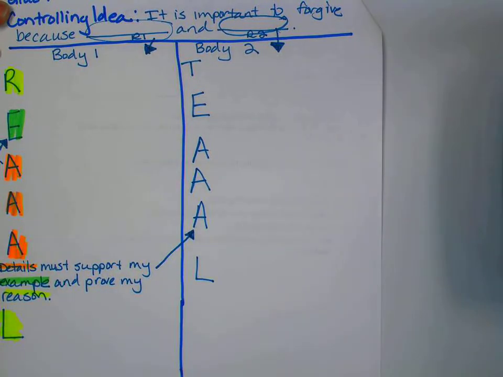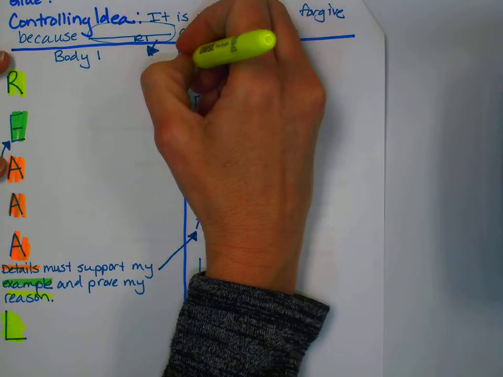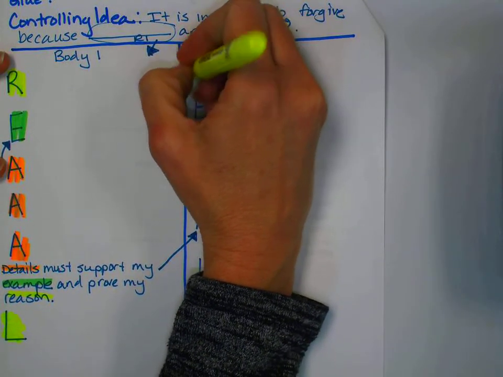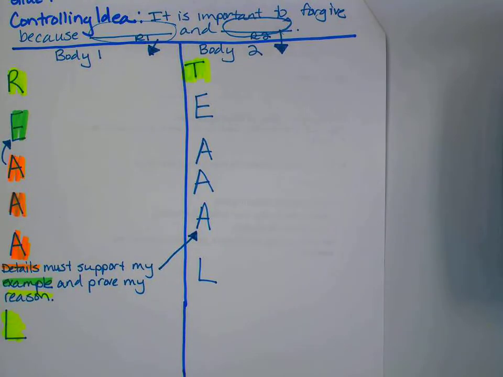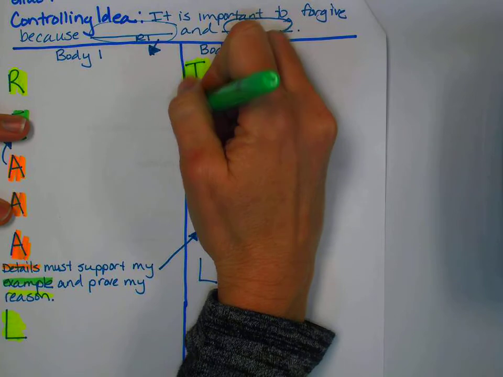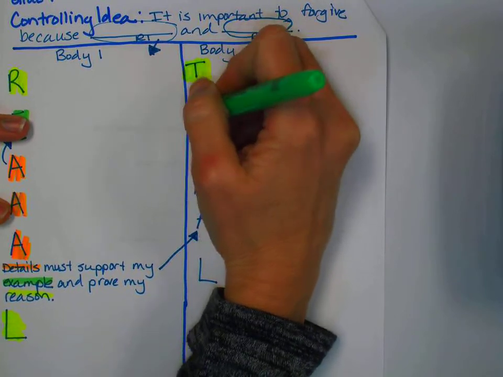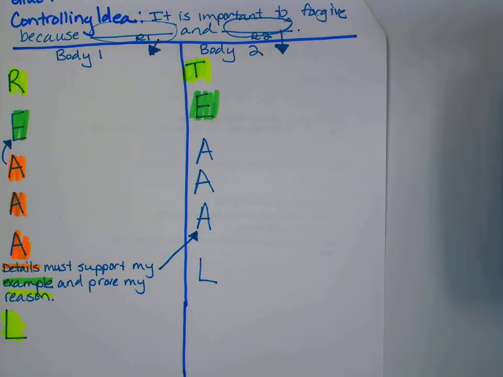Or I can transition to my next body paragraph, going from my first one to my next body paragraph. This transition is very important. It has to flow. Your paper has to flow easily to your next reason. Then you're going to use another example from help that supports your reason number 2.